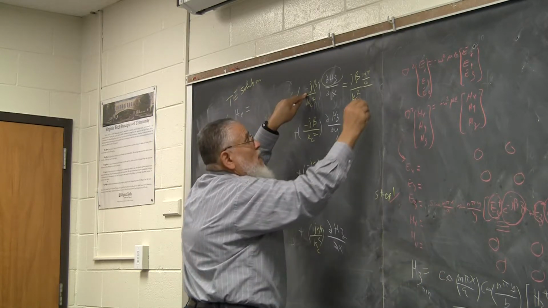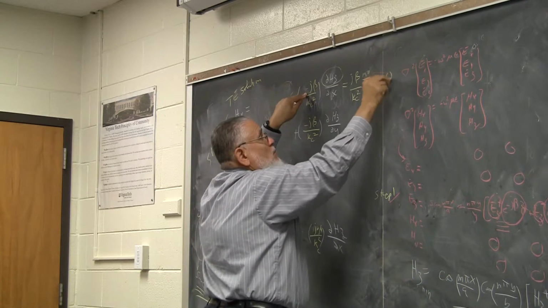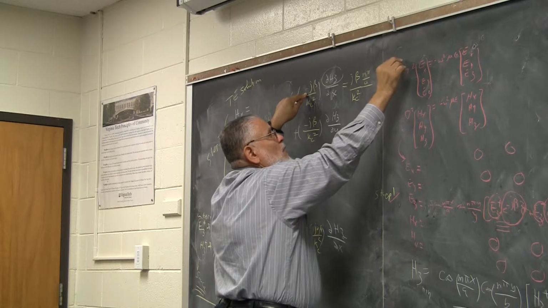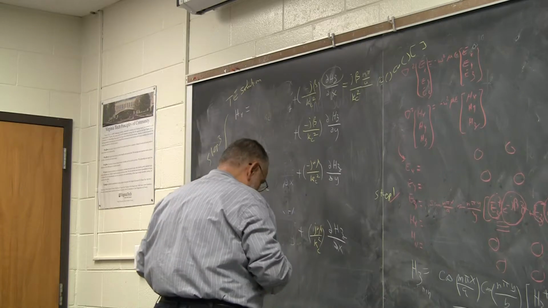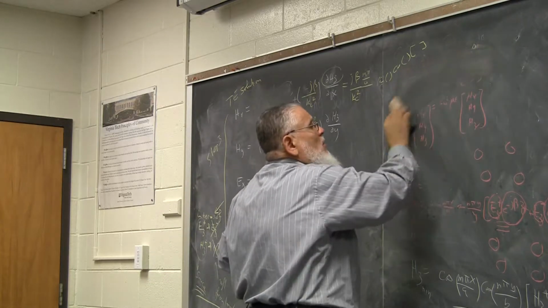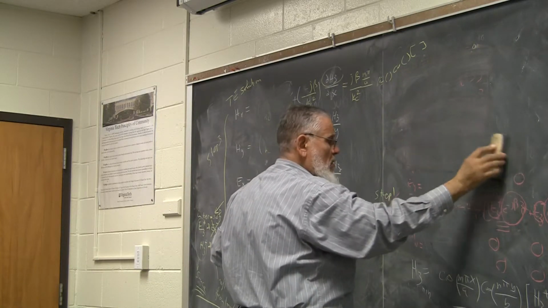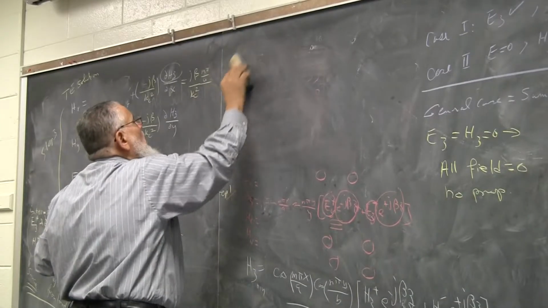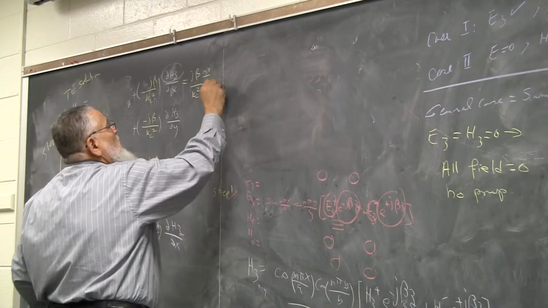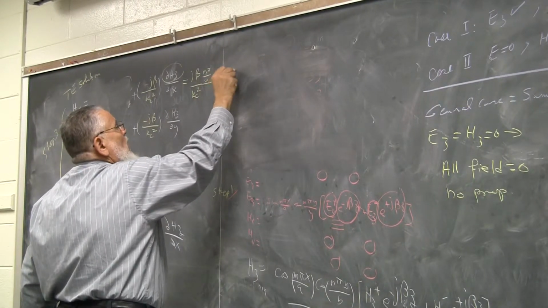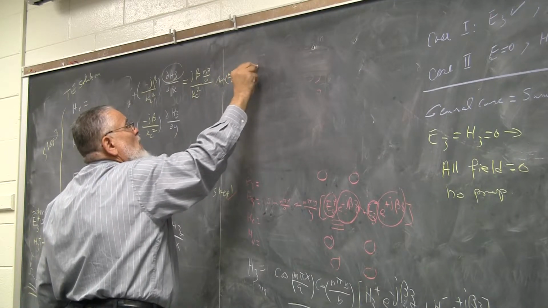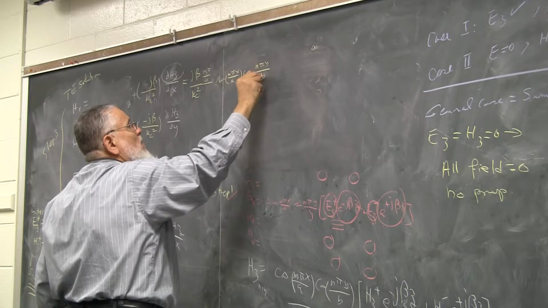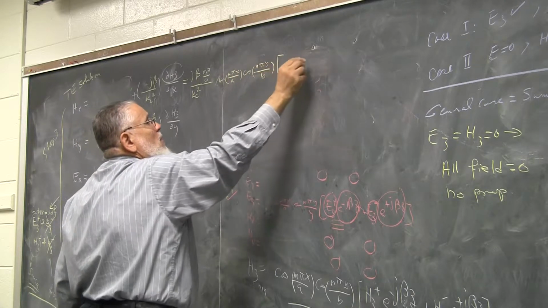I'm going to write simply sine the x part, cosine the y part, and then the square bracket: sine m pi x over a, cosine n pi y over b, and the square bracket for the z.